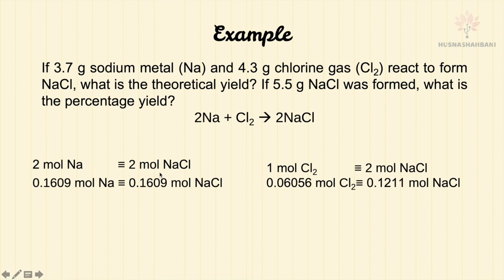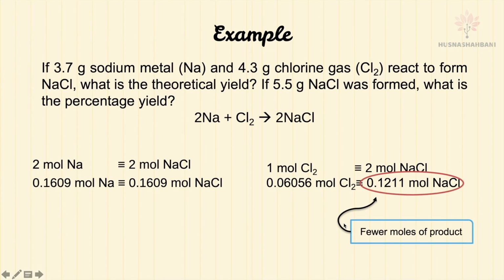If we compare these two numbers of moles of product, the number of moles of product produced by chlorine is fewer than that produced by the sodium metal. So chlorine is the limiting reactant.